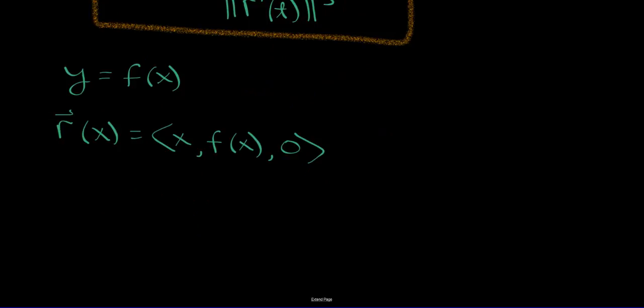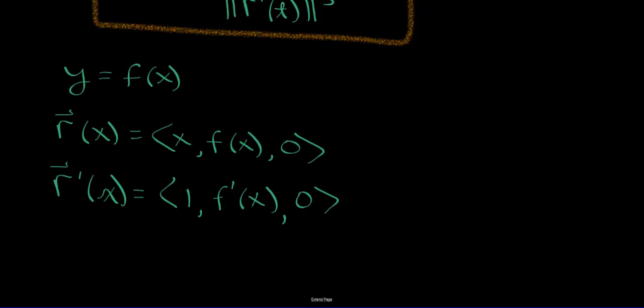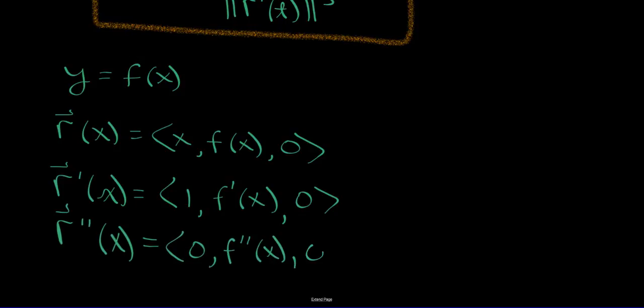But here we go. So let me use that formula. We have r prime of x, which is 1, f prime of x, 0, right? And let's find the double prime. Okay, there's the double prime. Now we want to cross product those, right?